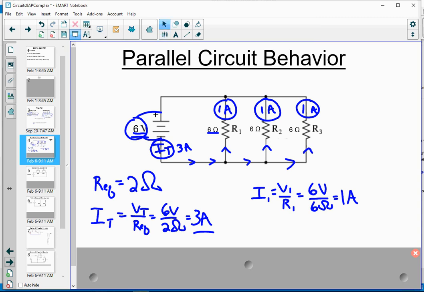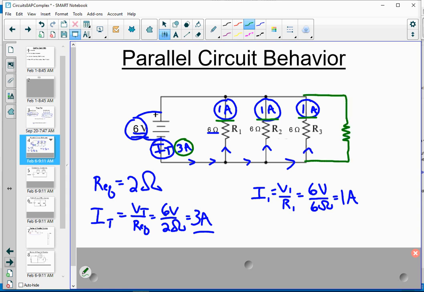Now, the question is, what will happen to the readings that are on the board, the 3 amp, the 1 amp, the 1 amp, and the 1 amp, if I add another resistor? We're going to add an R4, and it will also be an identical 6-ohm resistor.